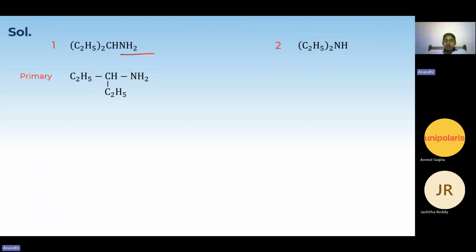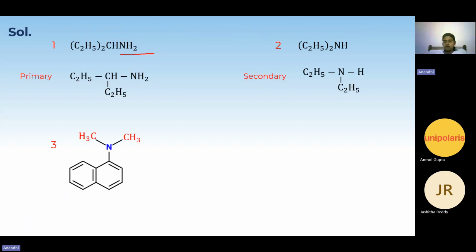This one is secondary. What about this? Tertiary. Very good. What about the last one? Tertiary. No, I mean primary. Very good, NH2. People will confuse you like this.